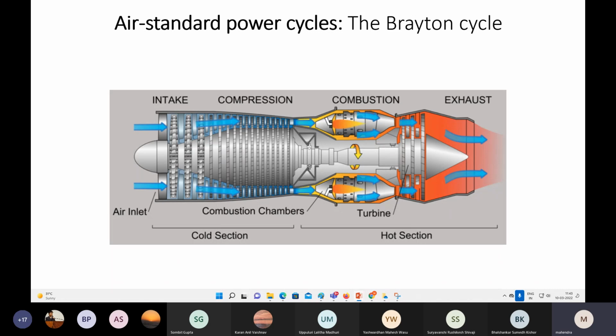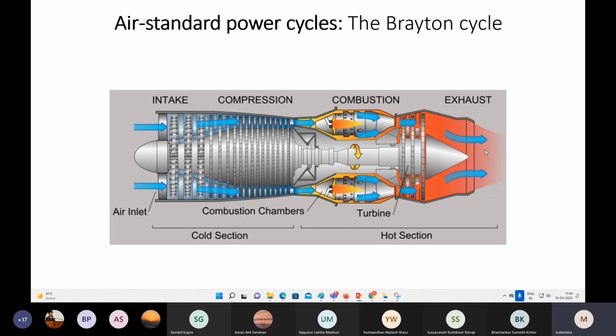So where they have gas resources, this is the feasible solution instead of going for a thermal power plant with steam and boiler, where so many heat losses are there. But in that case, if it is for the purpose of electric energy generation, then there is no need of thrust.